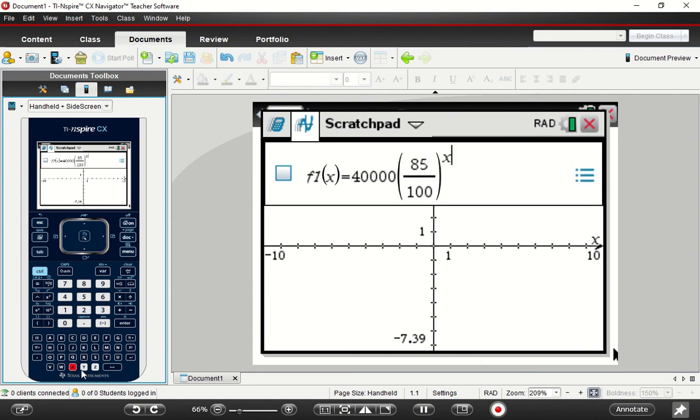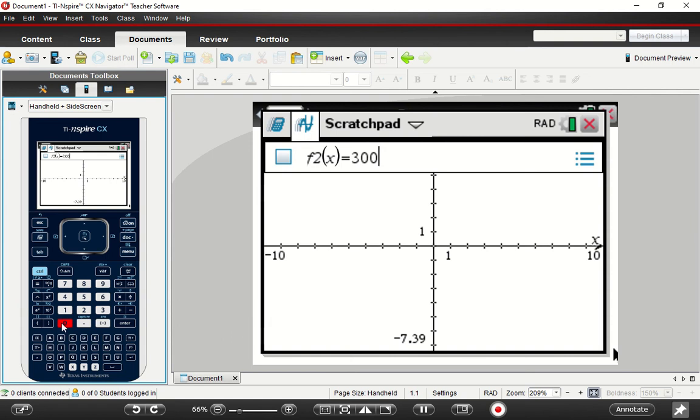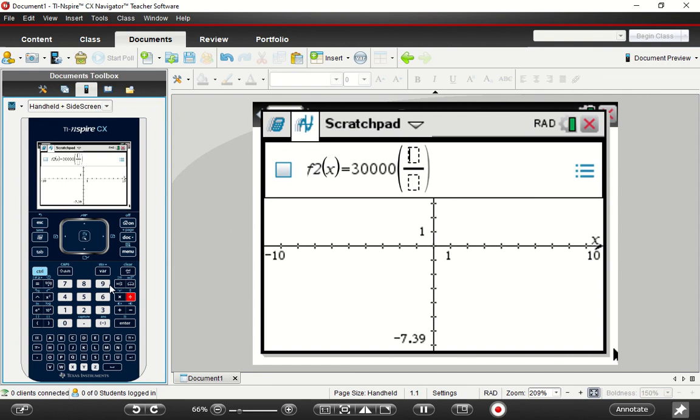I'm going to put an x right here. And then I'm going to put the second one. Okay, Rafa says that it is not on my graph. Can anyone explain why it's not on my graph? It should be starting at 40,000, shouldn't it?